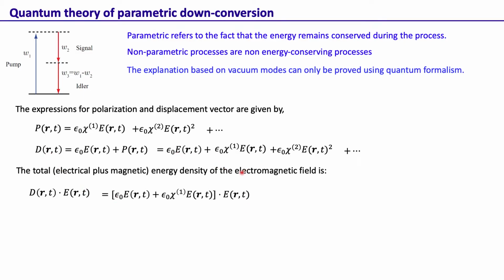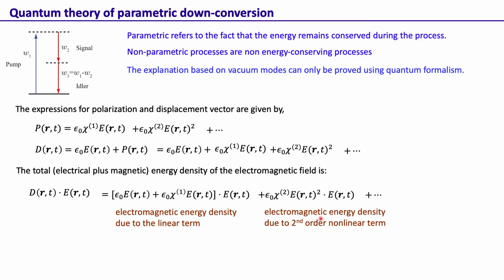So that's the linear term, corresponding to which we have epsilon naught E plus epsilon naught chi E dot E. And then because of the second order term, we have epsilon naught chi 2 E square dot E. Of course there are other terms, but at this point we are not interested in those. This one is the electromagnetic energy density due to the linear term, and this one is the energy density due to the second order nonlinear term. Of course there are higher order terms.